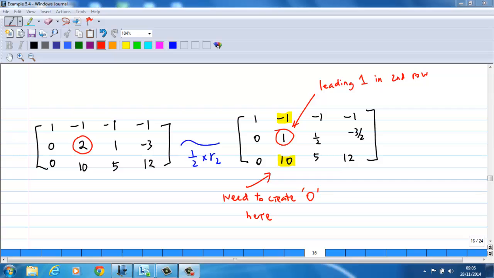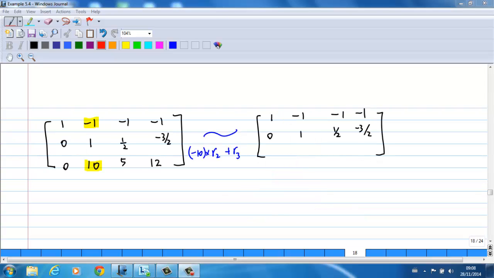So, let's create a 0 in the entry third row, second column. You can achieve that by using the second row times negative 10 and adding it to the third row. So after minus 10 times row 2 added to row 3, the third row becomes 0. 1 times minus 10 plus 10 you get 0.